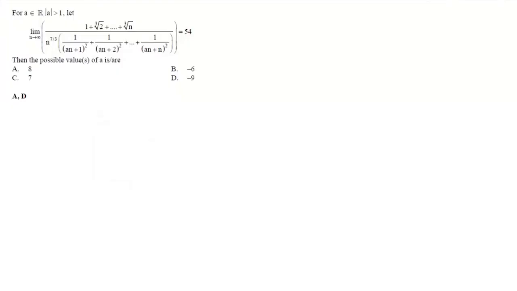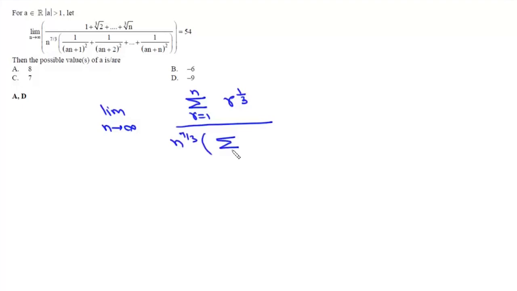Now here the question is, we are given this limit n tends to infinity, and we can write this numerator as summation r varies from 1 to n r to the power 1 by 3, and this is n to the power 7 by 3, plus summation r varies from 1 to n 1 upon a n plus r whole square.